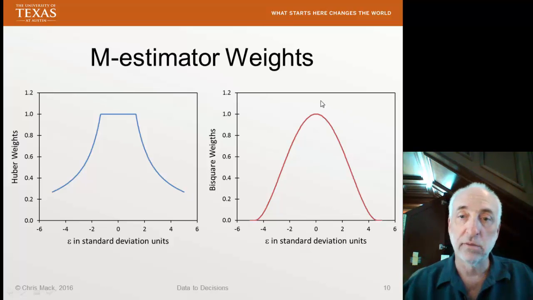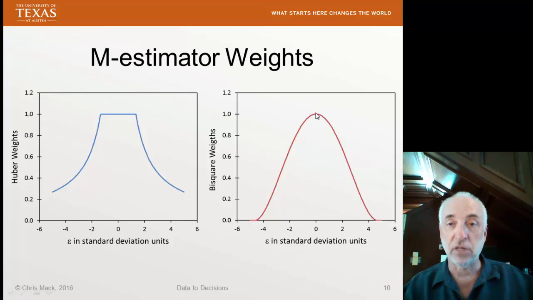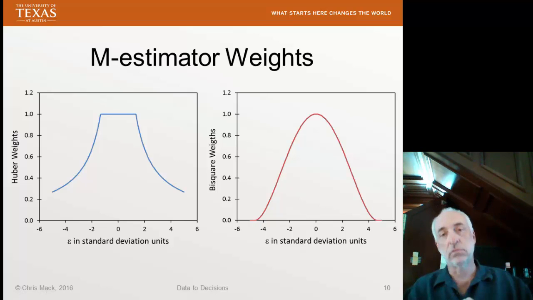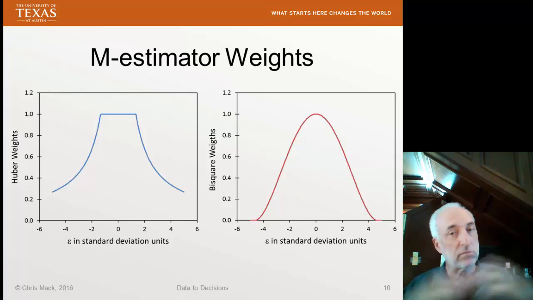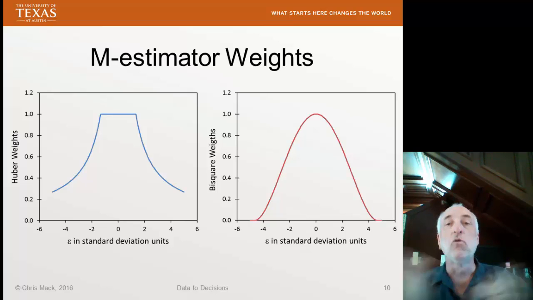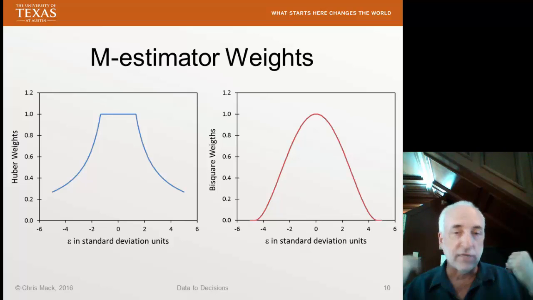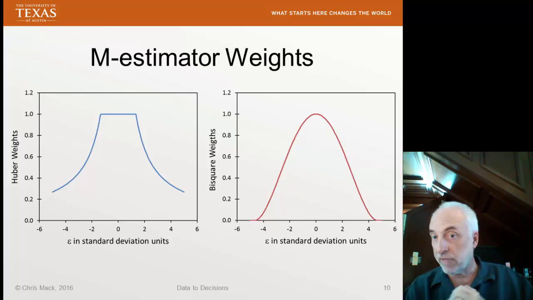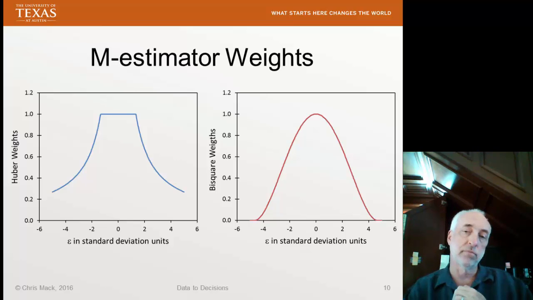The bisquare weights, on the other hand, immediately start to drop off, and they go to 0 once I get to about 4.7 standard deviations away. So I'm simply weighting those data points to be 0. I just ignore them. And so I can throw in some really extreme values, and they don't affect my regression very much at all.